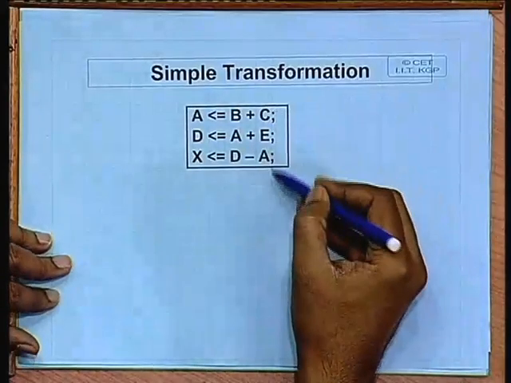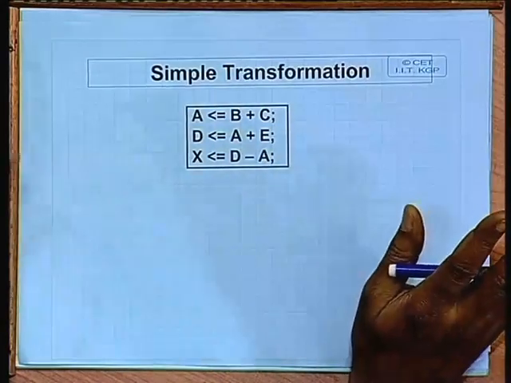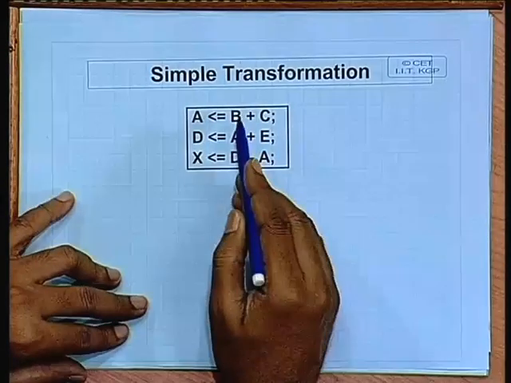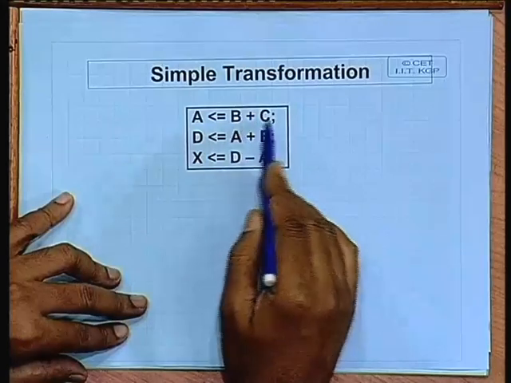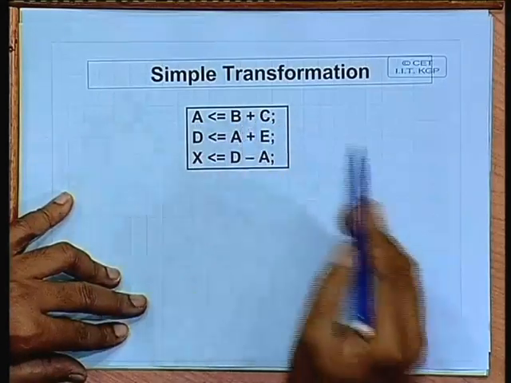Let us take a very simple example. Suppose there are 3 statements in a description language. I am not concentrating on any particular hardware description language; this can be any generic description. B and C are 2 values typically stored in registers, they will be assigned to A after adding.